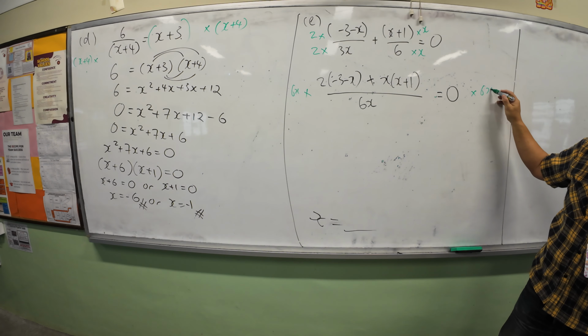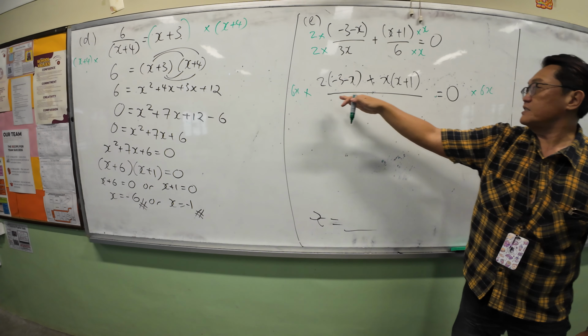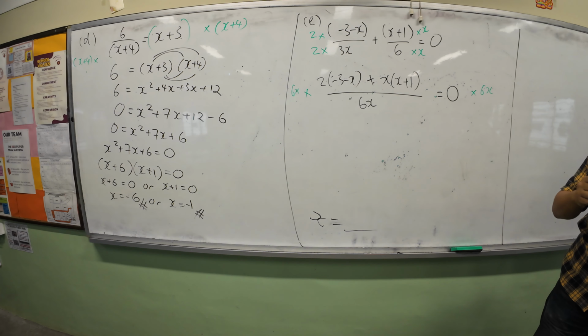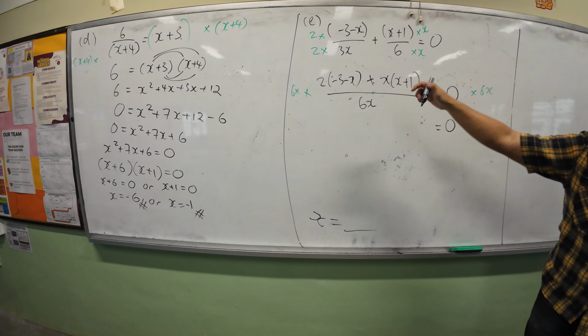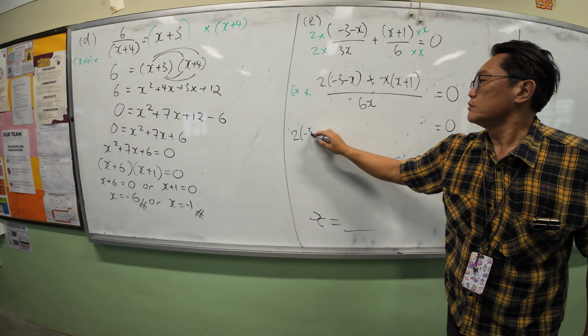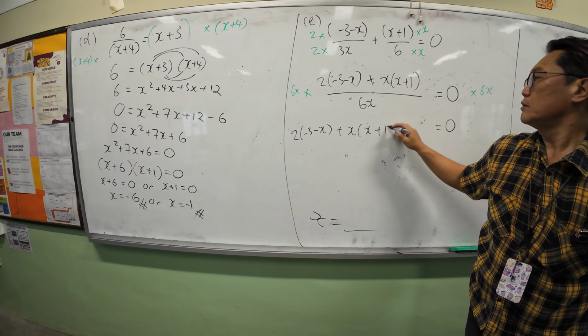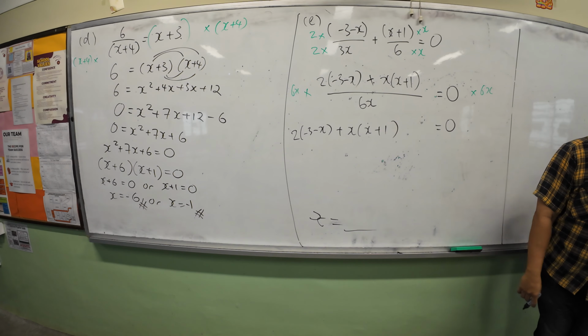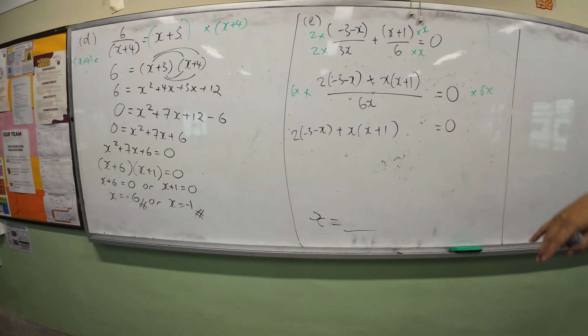Then I multiply 6x at the same time. 6x cancel. 0 times 6x is still 0. Then I'm left with the numerator. So this is why the denominator disappeared.